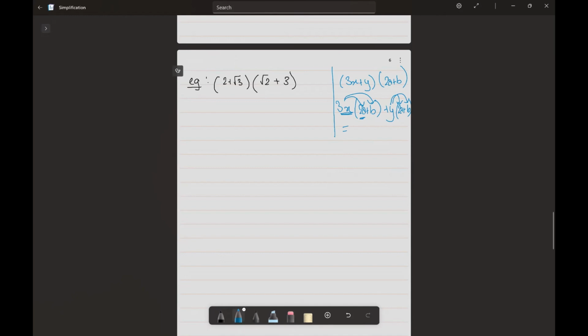It's more like algebra. The last 3 sums that we have seen, this one and the previous 2, they all resemble some formulas in algebra. So how do we do this one? We know that 2 will first get multiplied with root 2 plus 3.